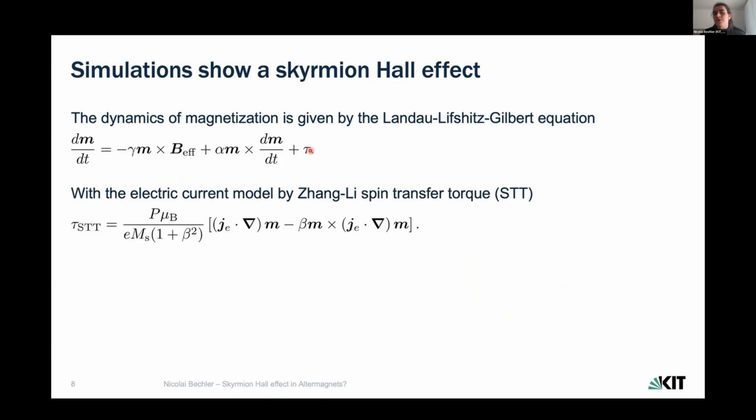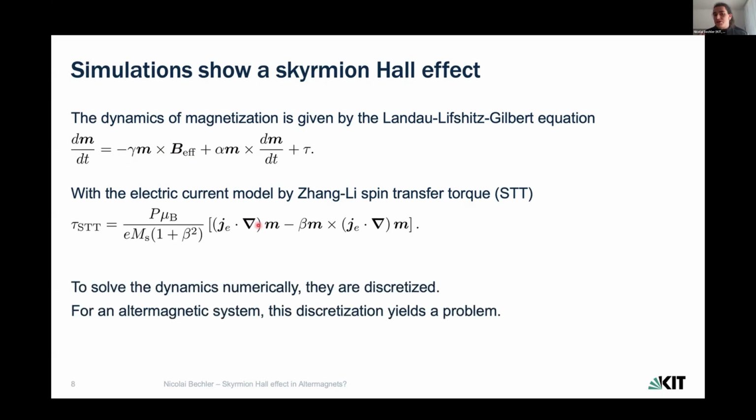And typically we model an electric current by Zhang-Li spin transfer torque, where the torque is given by those derivatives in the direction of the current. And well, this equation is not solvable analytically in most cases, so we need to solve it numerically, and therefore we need to discretize everything, meaning we also need to discretize the derivatives.